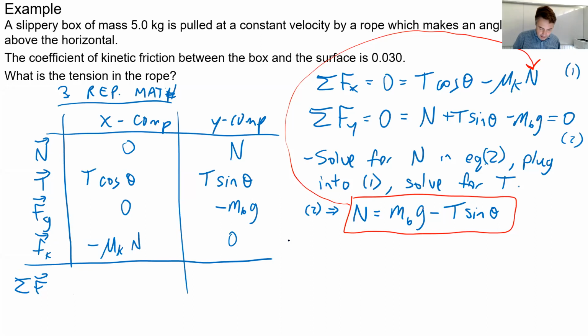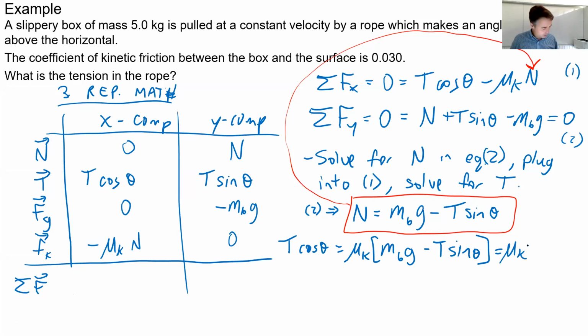I get T cosine theta equals mu sub k times m_b g minus T sine theta, which equals, distributing the mu sub k, since there's a T I have to bring out, minus T times mu sub k times sine theta.